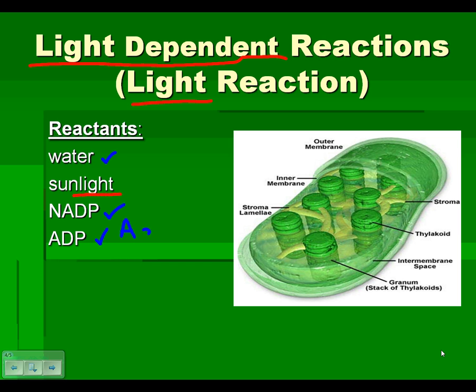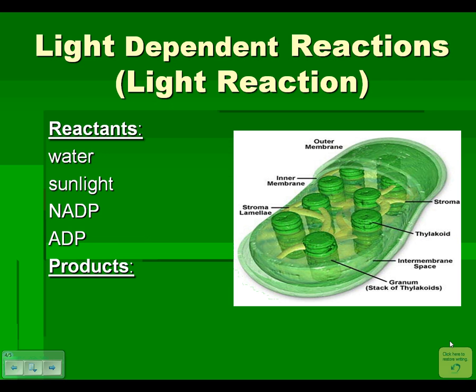And remember, ADP stands for adenosine diphosphate. And all of this occurs in the thylakoid of the chloroplast. So that's where all of this gets started.